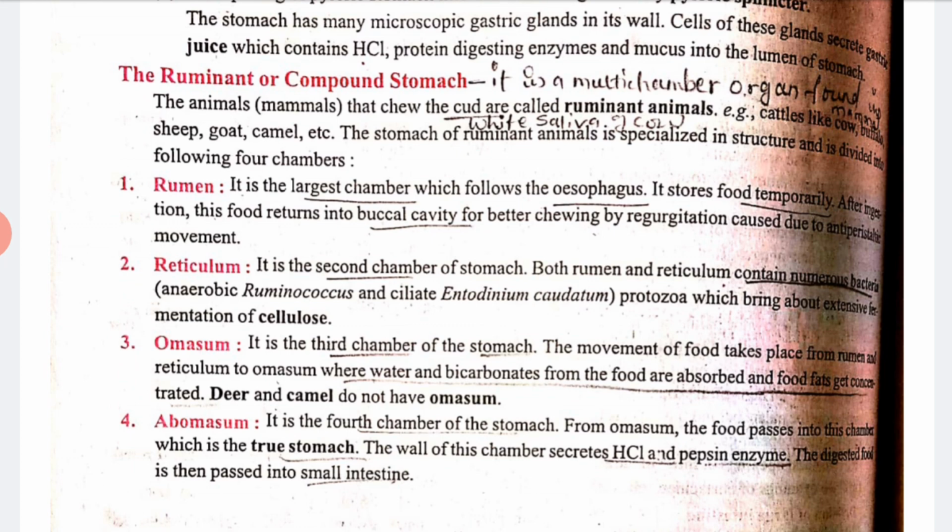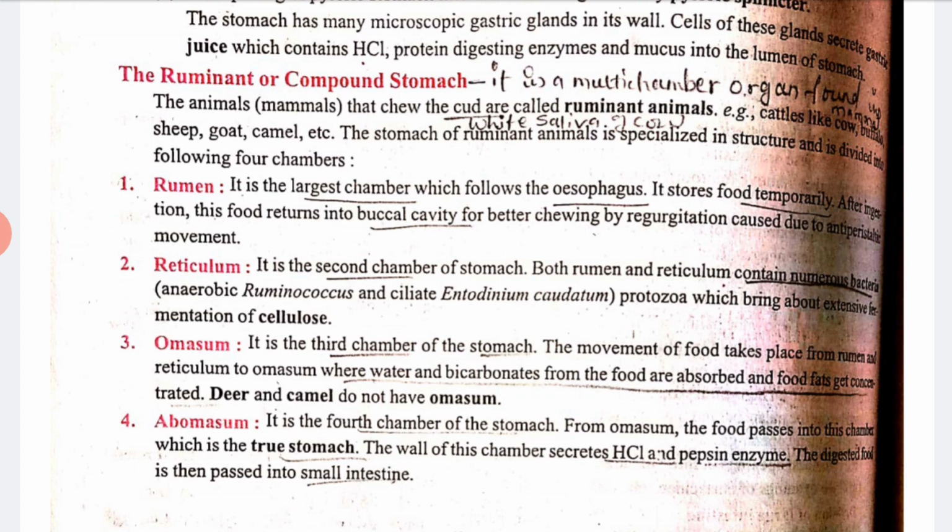In other words, it is a multi-chambered organ found in mammals. Examples are cattle, cows, buffaloes, sheep, goat, camel. All these have the ruminant stomach.